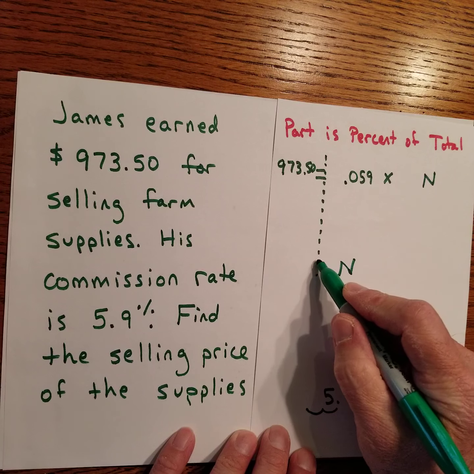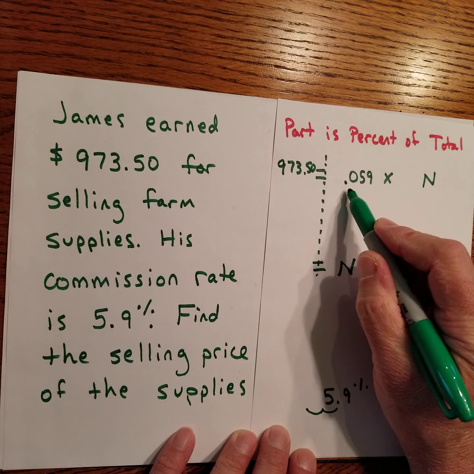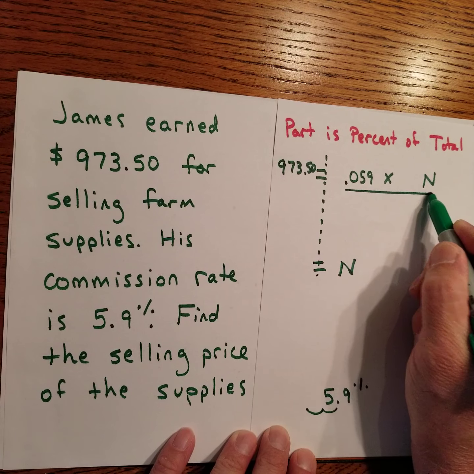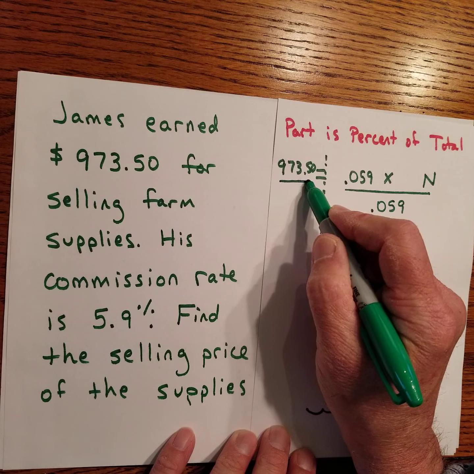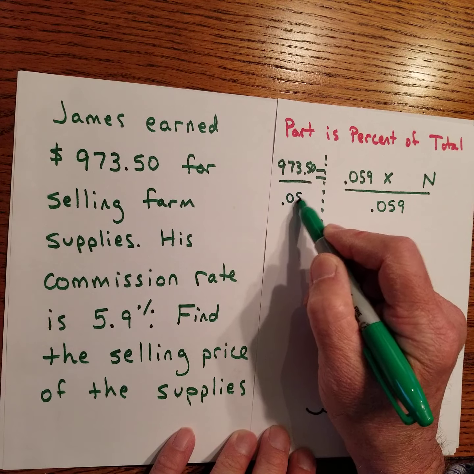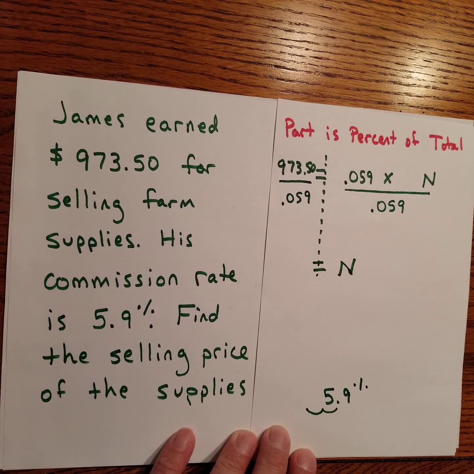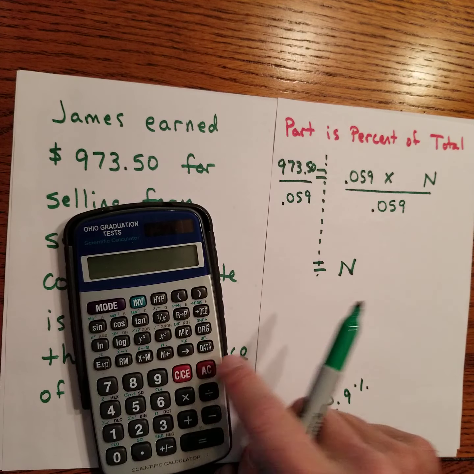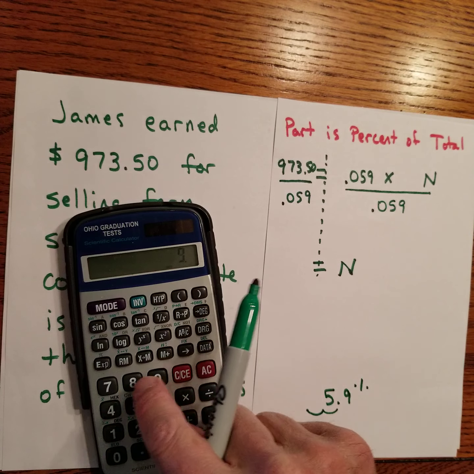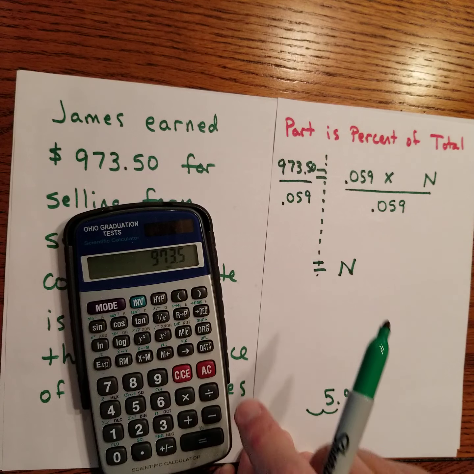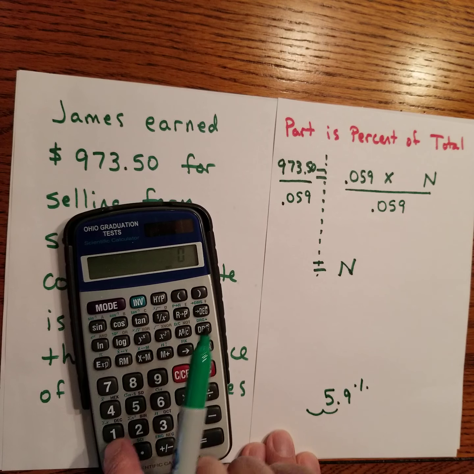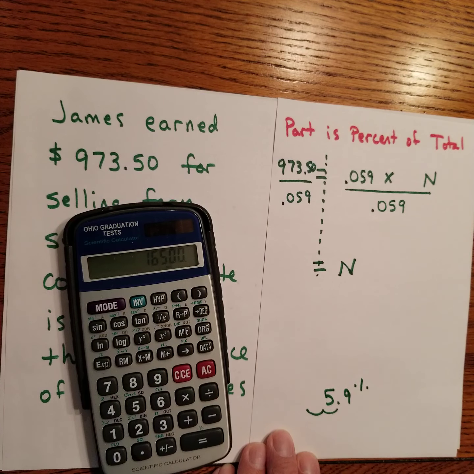We need n by itself. The inverse of multiplication is division. On your calculator, make sure you type in the 973.5 first. Divide that by 0.059.